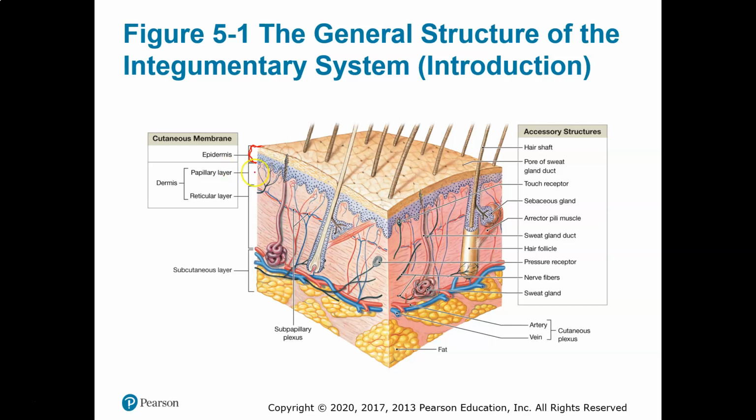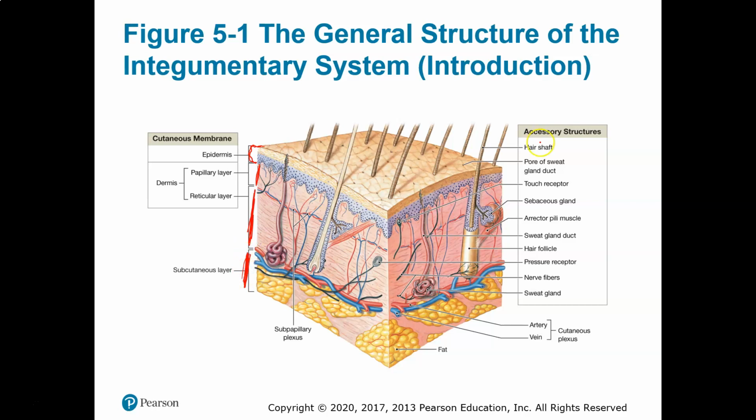The papillary layer of the dermis is the top layer, and it's composed of areolar tissue. The reticular layer comes below that, and it is composed of dense, irregular connective tissue. And then you have your subcutaneous layer or hypodermis here.